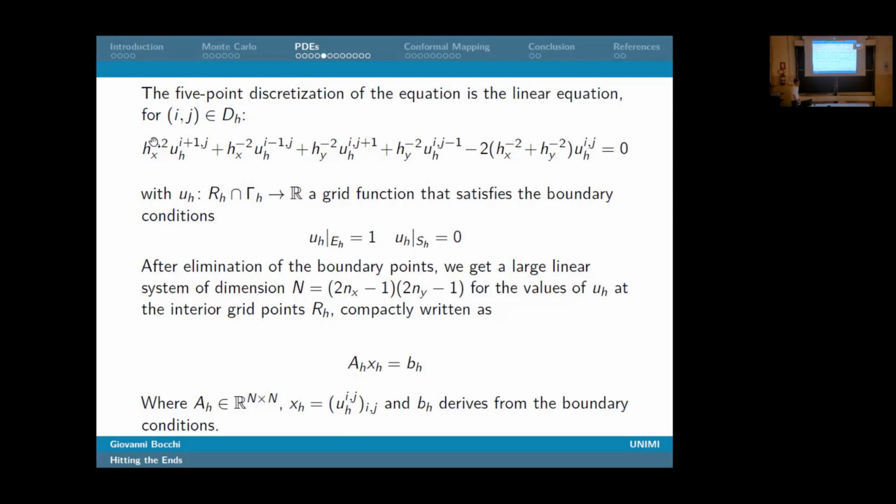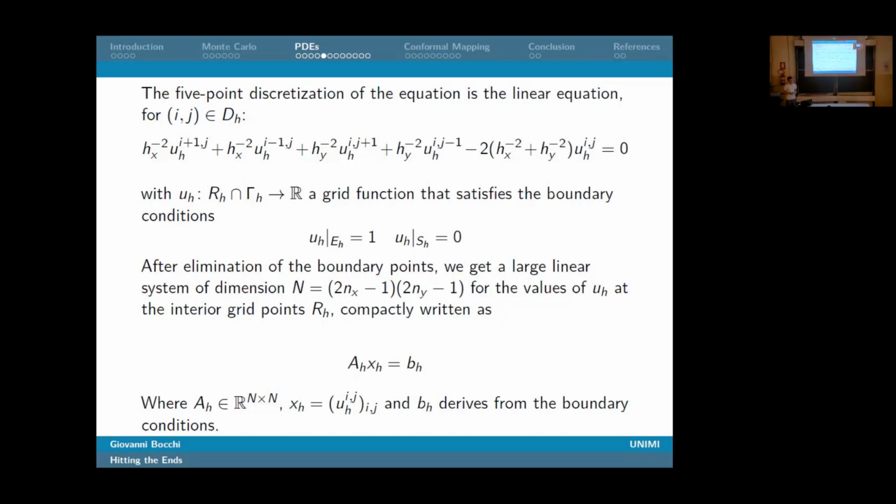and that gives us the approximation. So we have that this quantity, to respect the equation, should be 0. And so we have that u_h will be our discrete solution defined on the union of our discretization grid and our discrete boundary, with the two properties that on the discrete ends, it equals 1, and on the discrete sides, it equals 0.